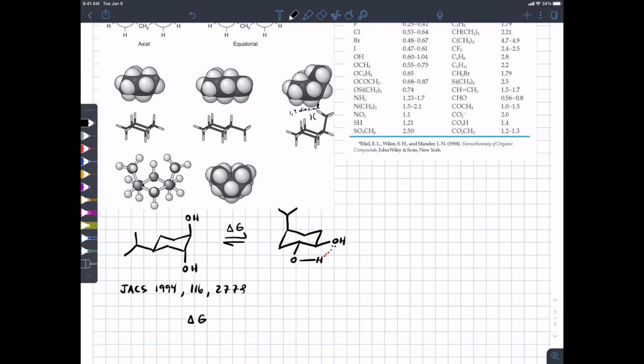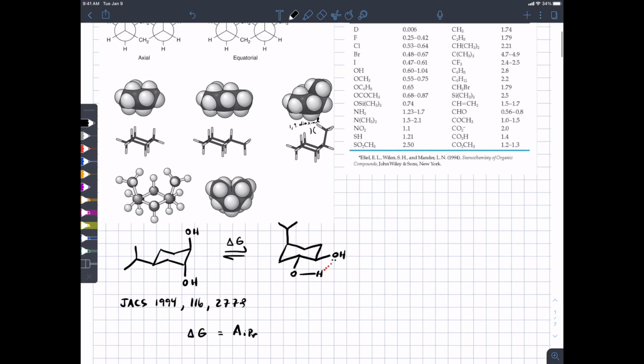And he assumed that the difference in energy between these two would be related to the A value of the isopropyl group. So it's like 2.2.